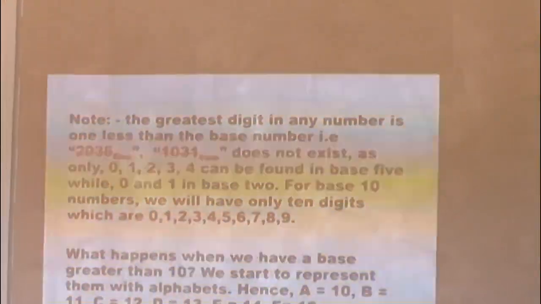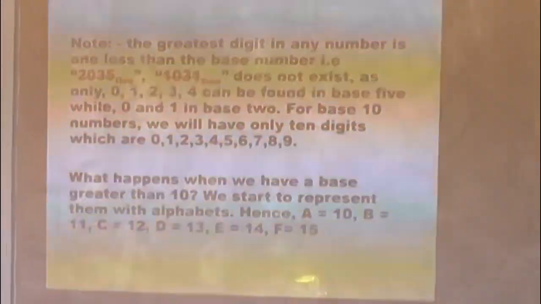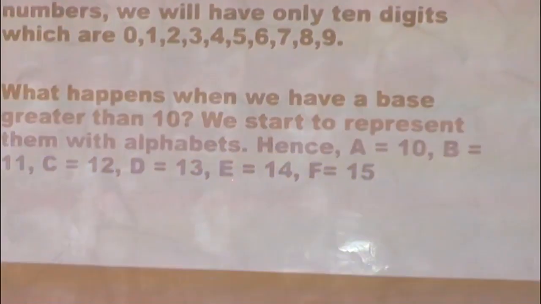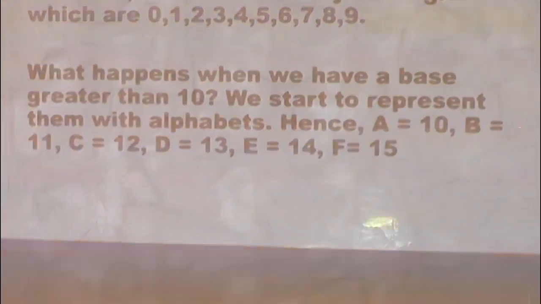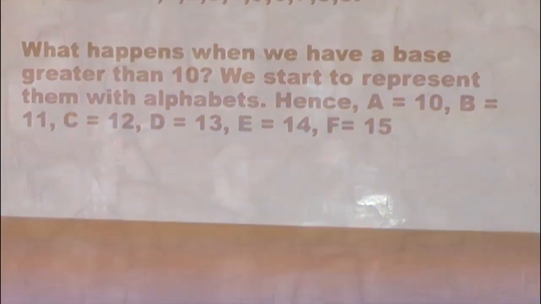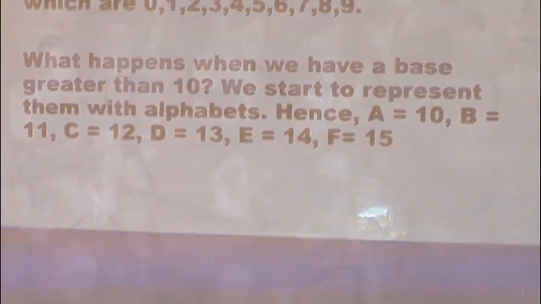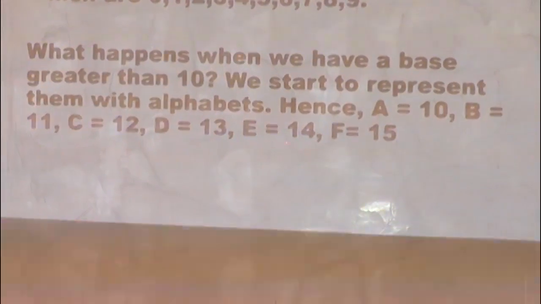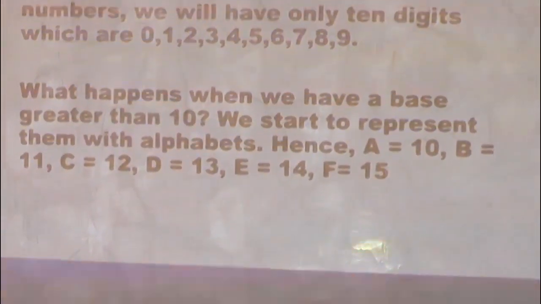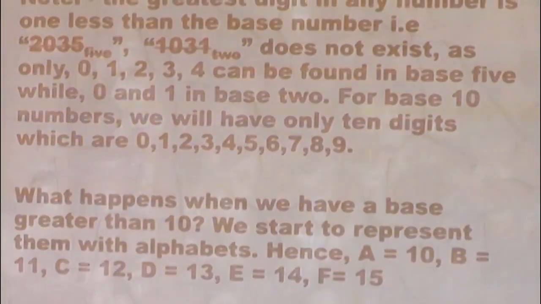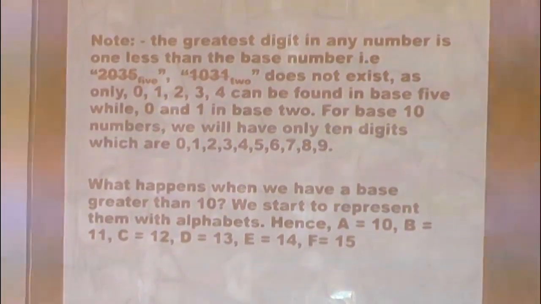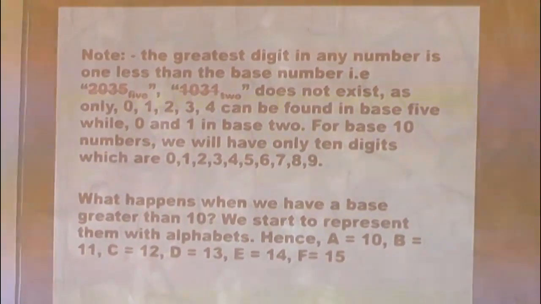So A, the alphabet A, remember I'm using the uppercase. A equals 10, B equals 11, C equals 12, D equals 13, E equals 14, and F equals 15. Mind you, this doesn't stop here, it continues. But for this class, we'll be stopping at this point.